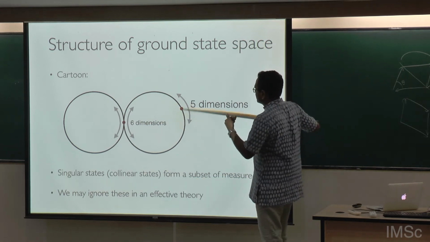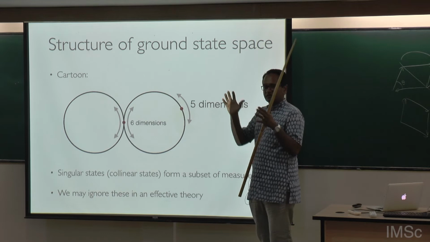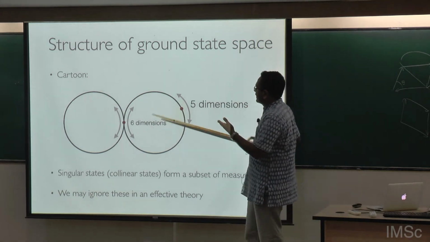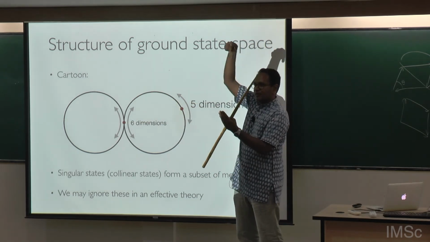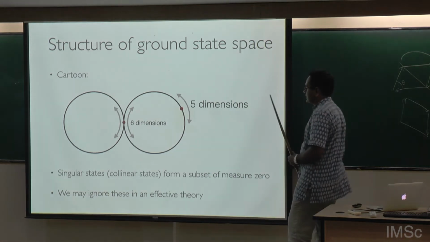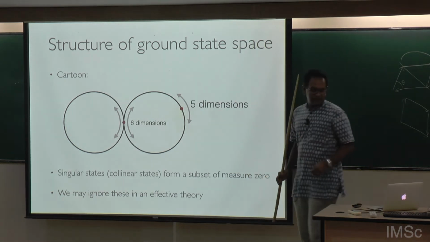So here the space looks 5-dimensional, there it looks 6-dimensional. So the dimension of the space changes. In some very crude analogy, this is like puncturing a hole through a sphere. You go from the top to the bottom just by jumping across. So these are singularities in the space. It's a very simple problem that has very nice singular structures.